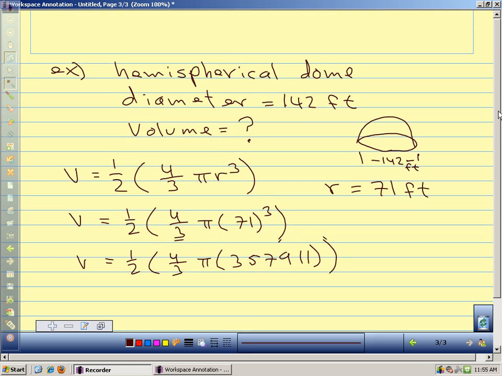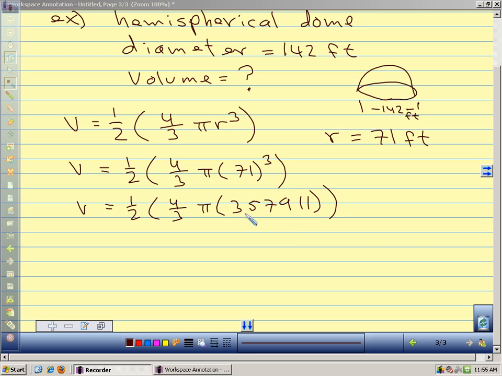And when I multiply this all out in my calculator, what I would do is multiply 357,911 times pi times 4, divide that by 3, and then divide that whole answer by 2. If I calculate that out, I get finally that my volume is 749,227.03 cubic feet. So this hemispherical dome would hold almost 750,000 cubic feet of volume.